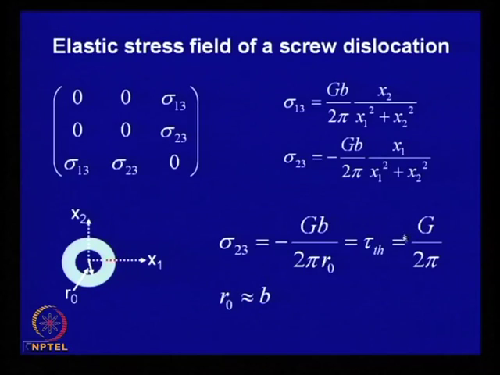For an ideal crystal we have determined this is G over twice pi. If you substitute here, then it gives that b over r naught is nearly equal to 1. That means the dimension of the core is of the same order as the slip vector or the Burgers vector.